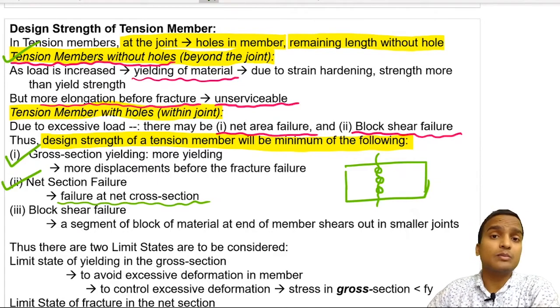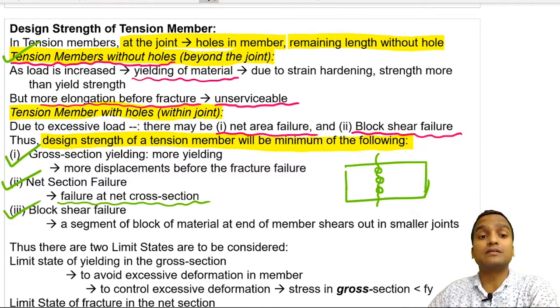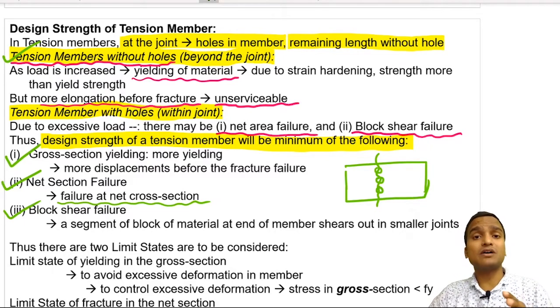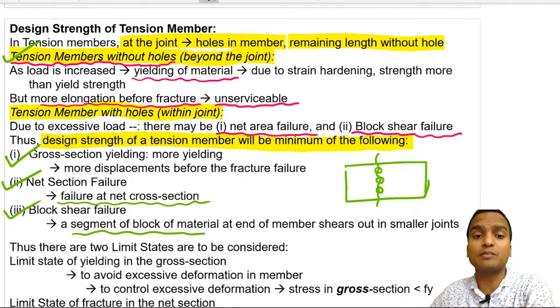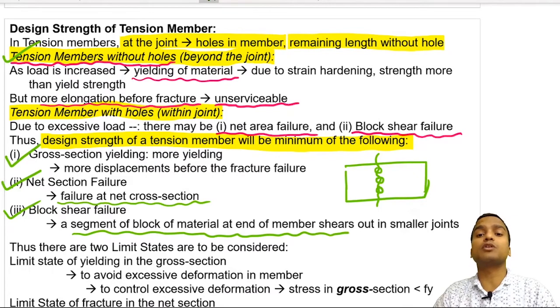Then the third type of failure is called block shear failure. Block shear failure is a combination of tension failure and shear failure, in which a block of the member gets separated. It is written that a segment or block of material at the end of the member shears out in a small joint.